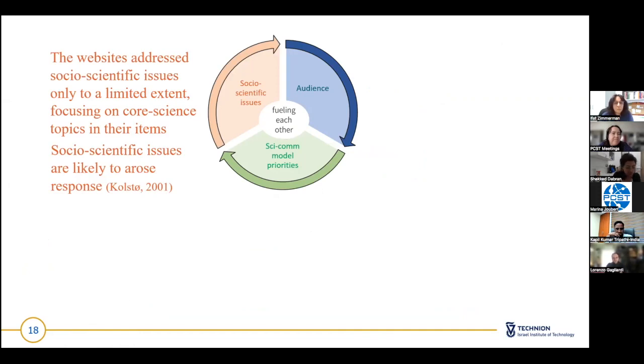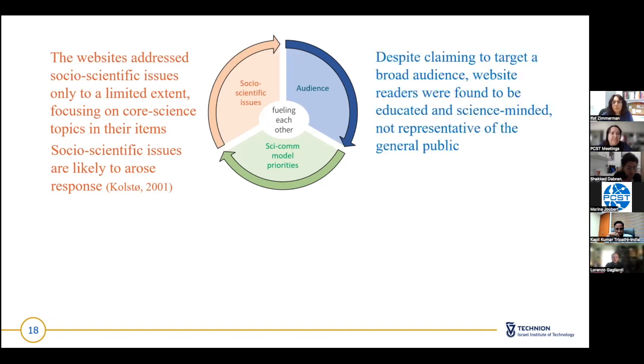Those are science issues with social implications that are relevant to everyone and to every aspect of daily life. We also found that despite claiming to target a broad audience, website readers were educated and science-minded, not representative of the general public. Apparently, the websites did not reach their target audience.